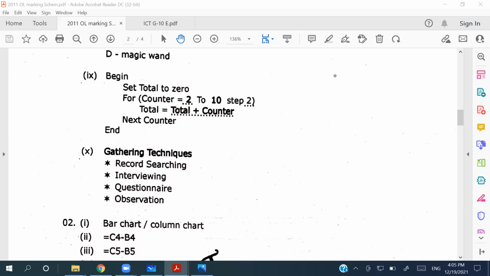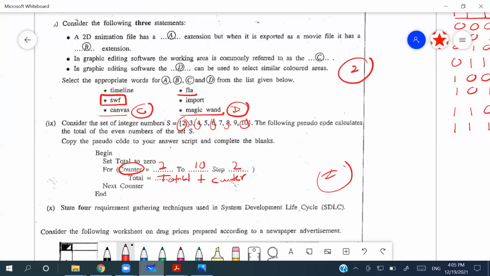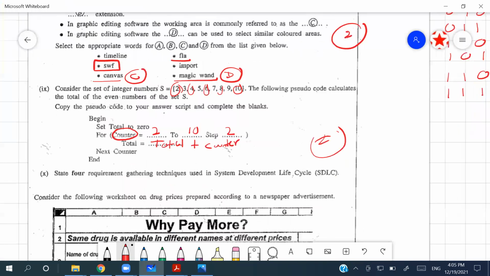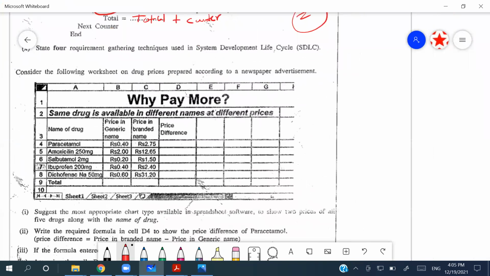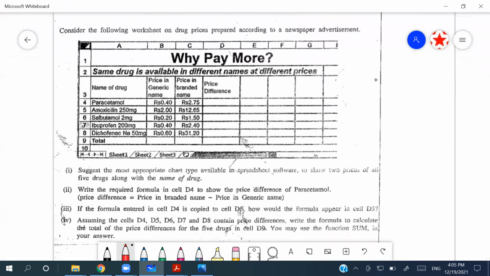All right, so moving to the second question, the Excel one, the easy one. There is something called why pay more. Consider the following worksheet on drug prices prepared according to the newspaper advertisement.